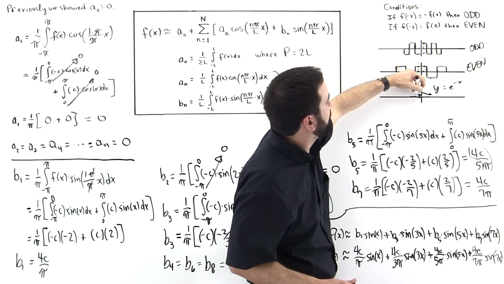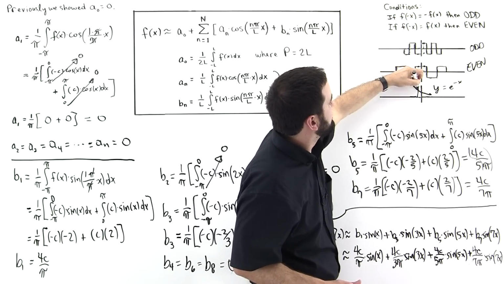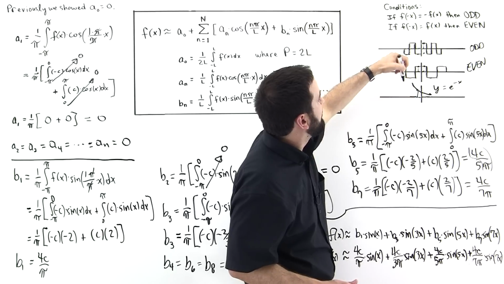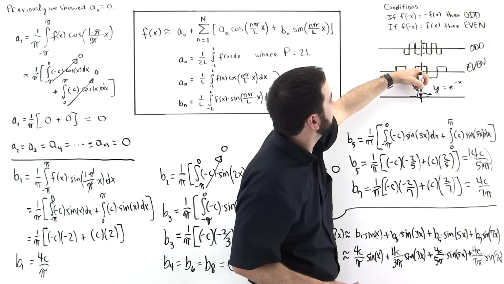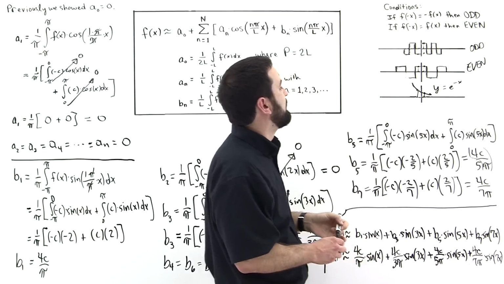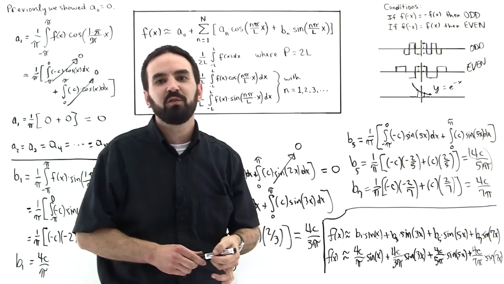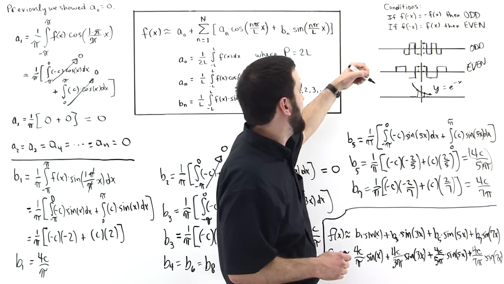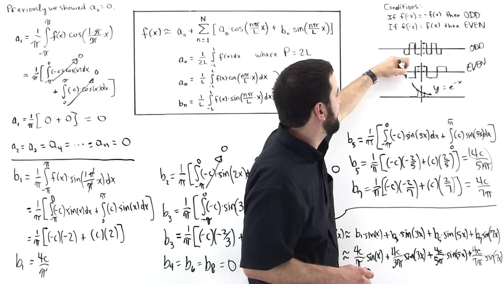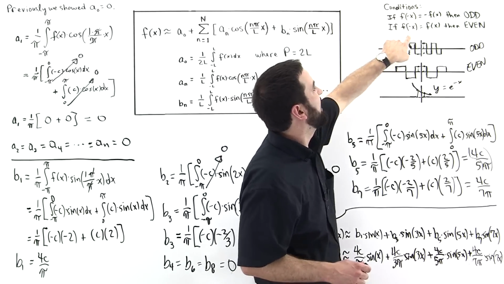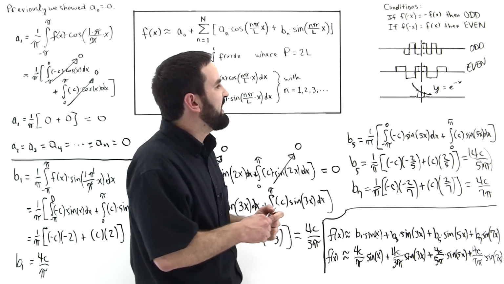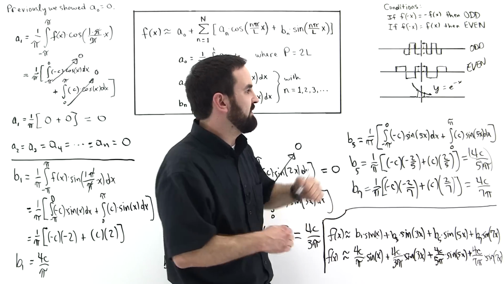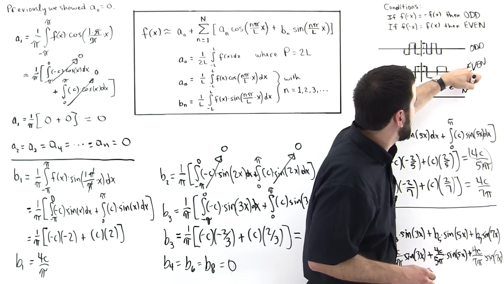So come out negative 0.5, and there's the function value. Then come over positive 0.5, and there's the function value. The magnitudes of those function values are definitely not the same. Doesn't matter what the signs are, the magnitudes are not the same. So they definitely cannot be the same as this. So this thing is neither odd nor even.